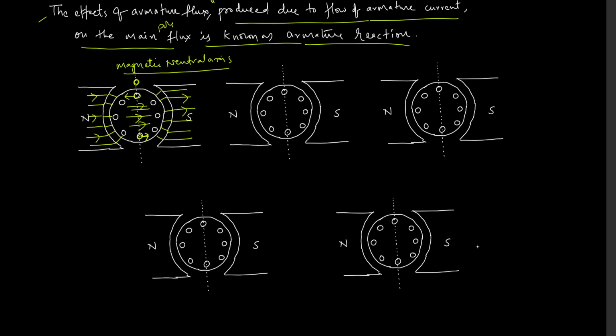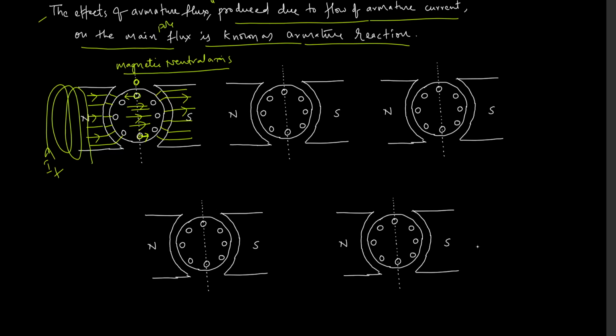Here I showed only the flux lines due to the main pole flux. We have coils wound on the poles, excited through field currents, and the flux lines flow through the pole shoes, enter the armature, go back to the air gap, and again to the south pole.